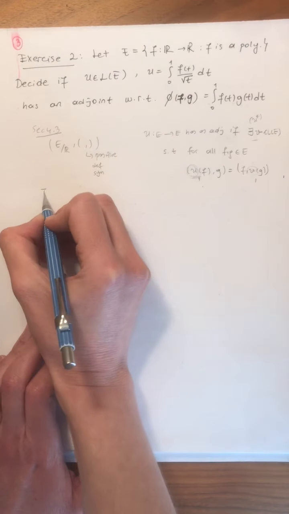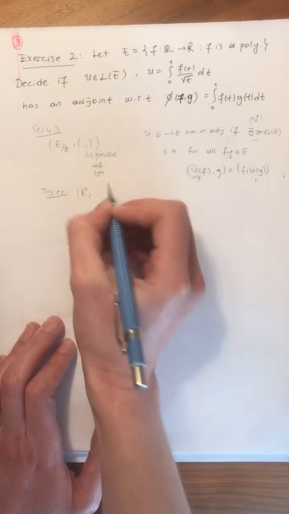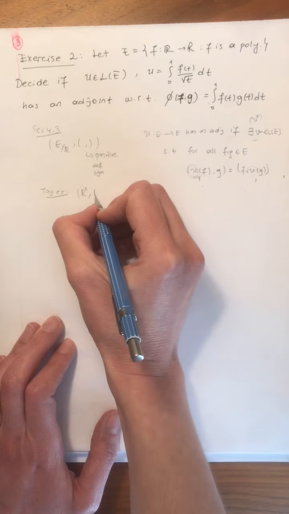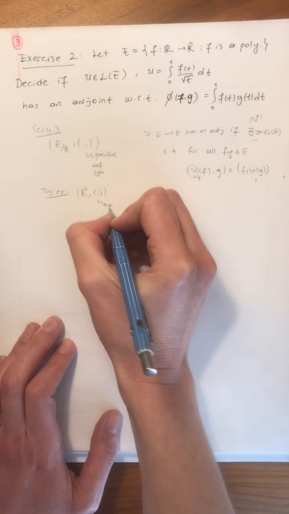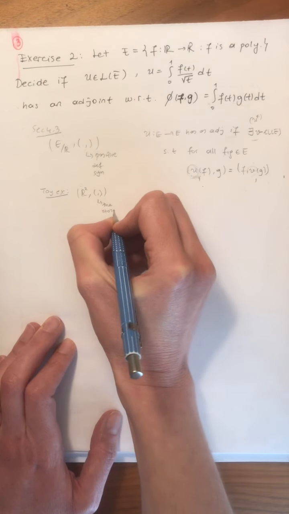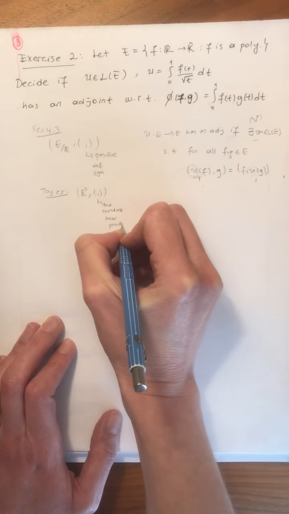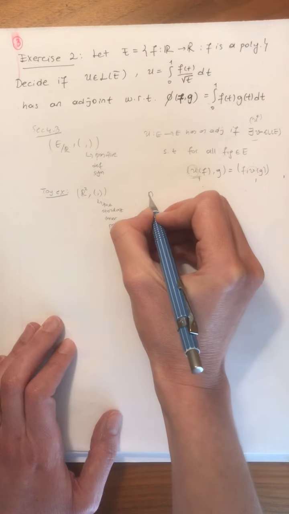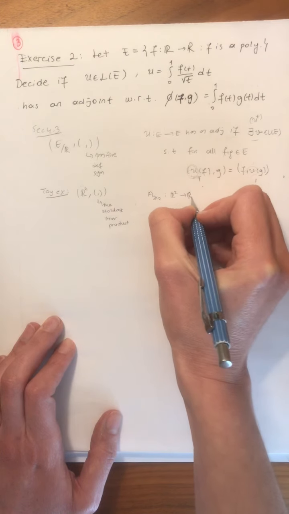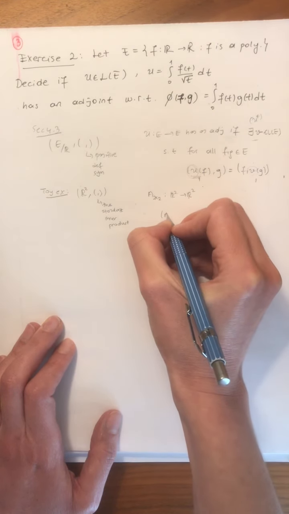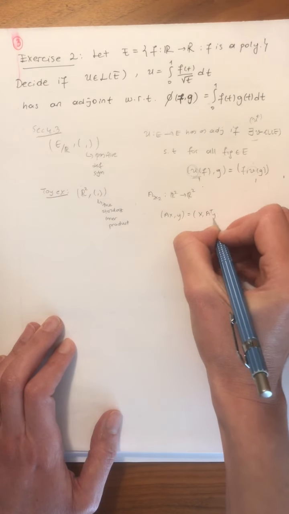So for instance, a toy example can be considered in the vector space R square with the standard inner product, and an endomorphism can be defined by matrices, and we can see that the adjoint of A is the A transpose.